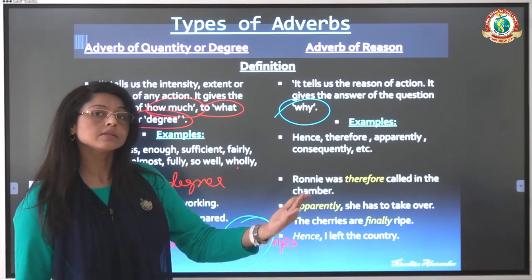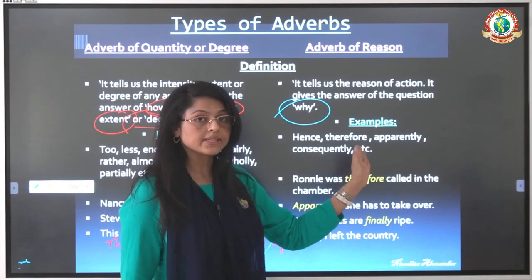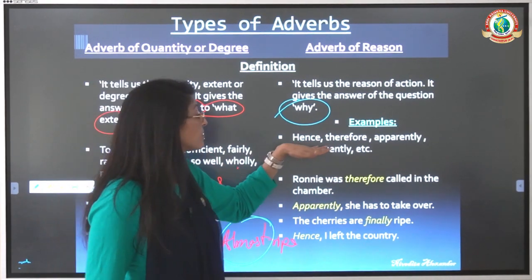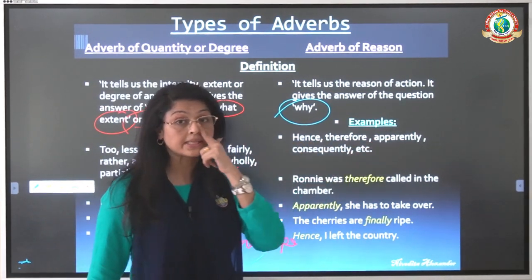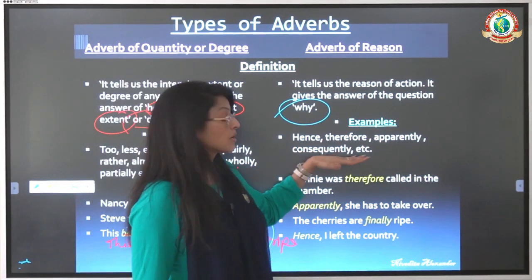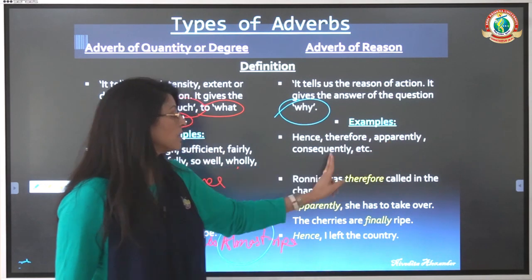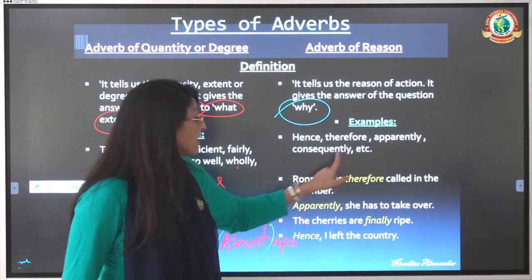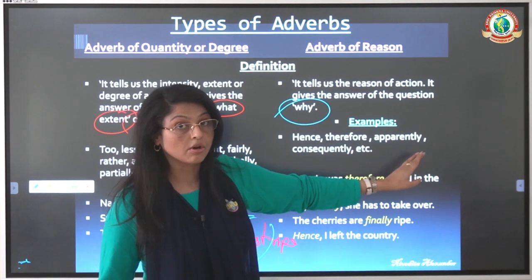It is happening because of the reasons, hence, okay? When you conclude something, you use these words: hence, therefore, apparently, obviously, consequently, these are almost similar words, as a result of, okay?